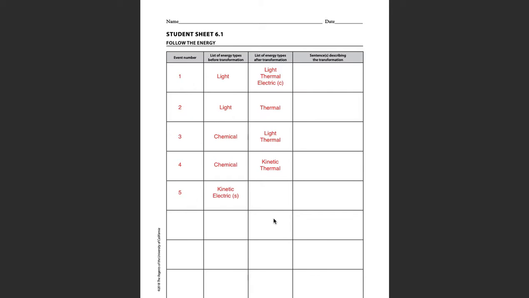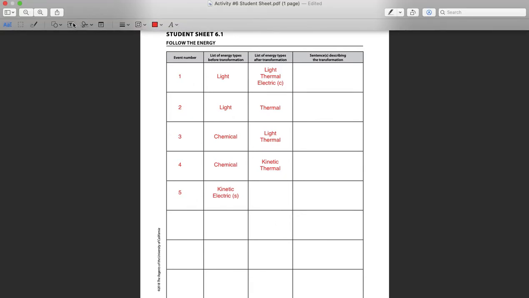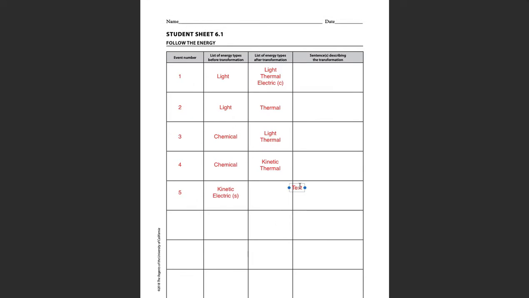And then after transformation, that shock, so that would be an electric current. Some sound, because you hear that shock when you do get shocked when you touch the doorknob or another object, and also light, because sometimes you're able to see that spark.